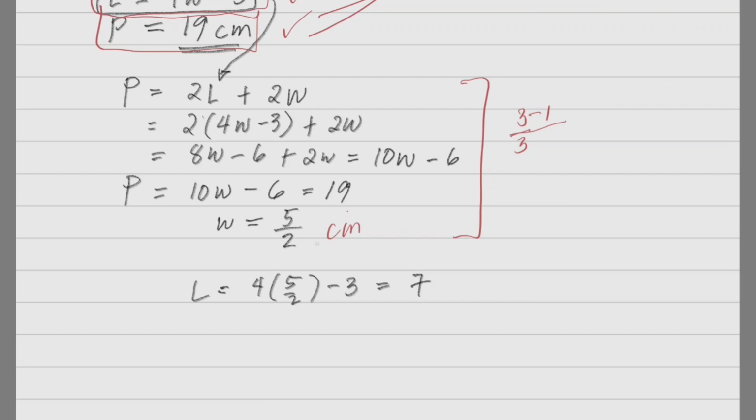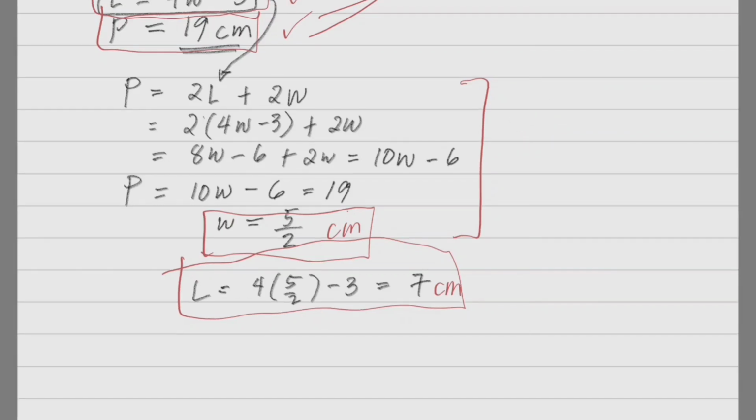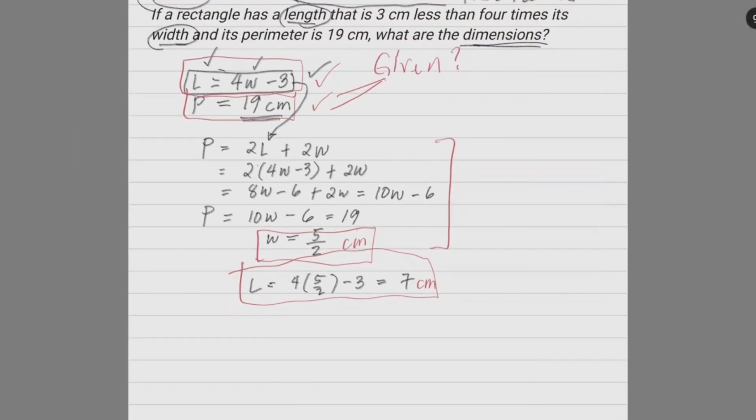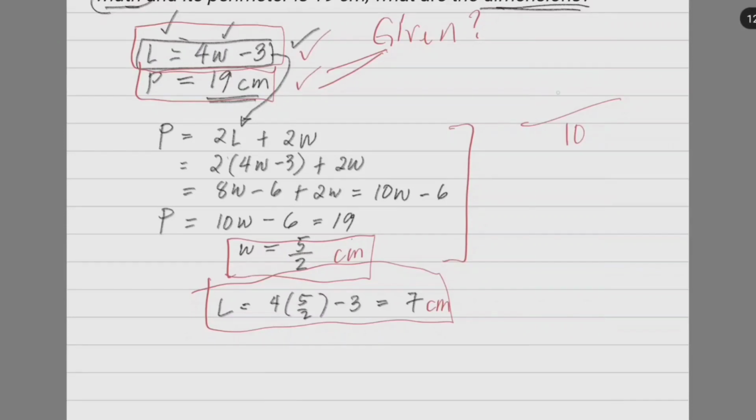You don't have a unit here. You did not box your final answer. And in this case, for the L, same. You don't have a unit, and you did not box or encircle or highlight your final answer. So if the total score is 10, I can just give you maybe 7 or 8.